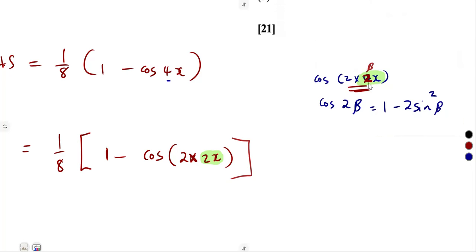So our beta is 2x. So that was going to be cos 2 times 2x is going to be written as 1 minus 2 sine squared, where this is our beta, 2x. So as we can see, the sine squared 2x has something to bring us cos times, that sine times cos.